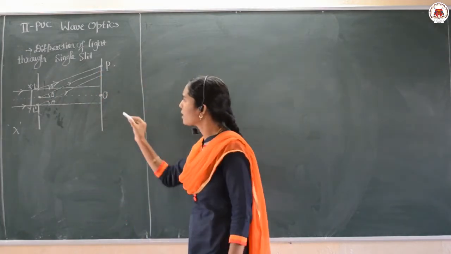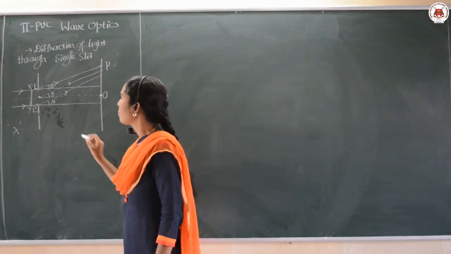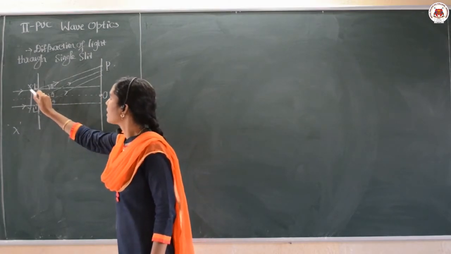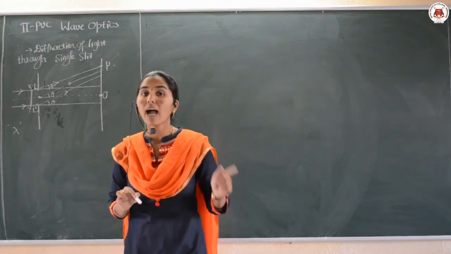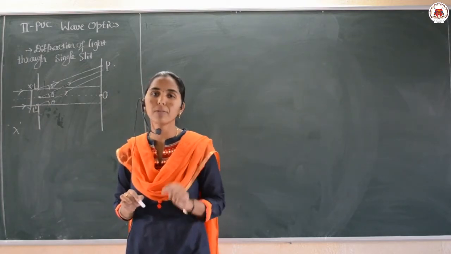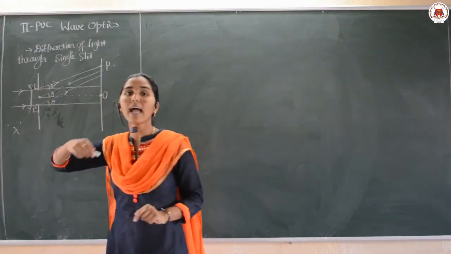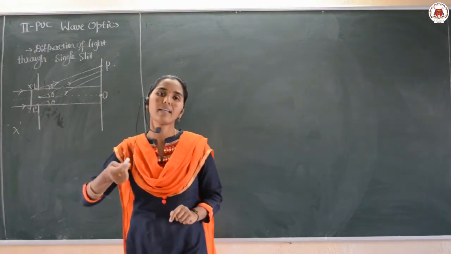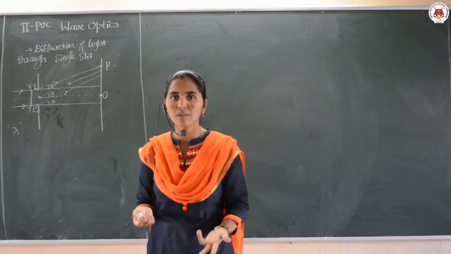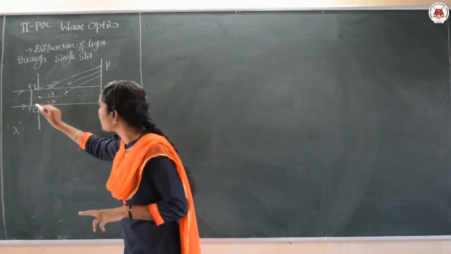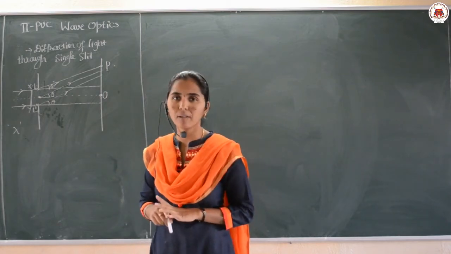See, during this phenomenon, what things need to be considered? In this we consider that xy is the plane wavefront. According to the Huygens wave principle, each point on the plane wavefront acts like a secondary source. That is a source for the secondary waves. That means the secondary waves are coming from the plane wavefront xy only.